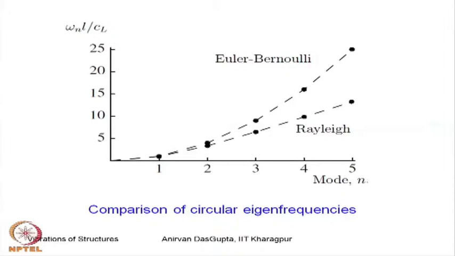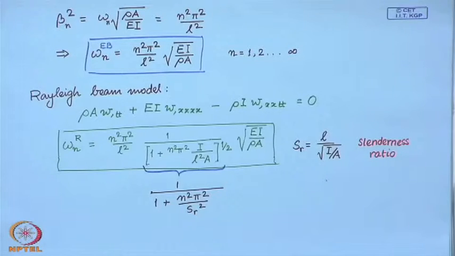Now, let us understand why this additional term comes in our circular natural frequency. I mean, the source of this term is obviously the rotary inertia term. That we can very easily see if we look at the differential equation of the Rayleigh beam.